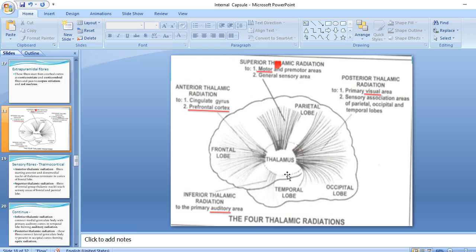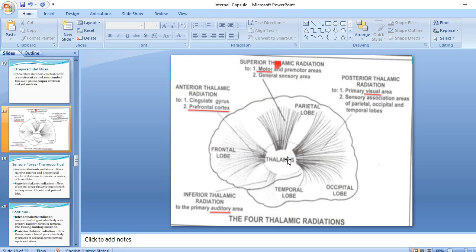Thalamus is the highest integrating center in the sensory pathway, and from here the third order neurons start and go to the various parts of the cerebral cortex depending upon which sensations they belong to.